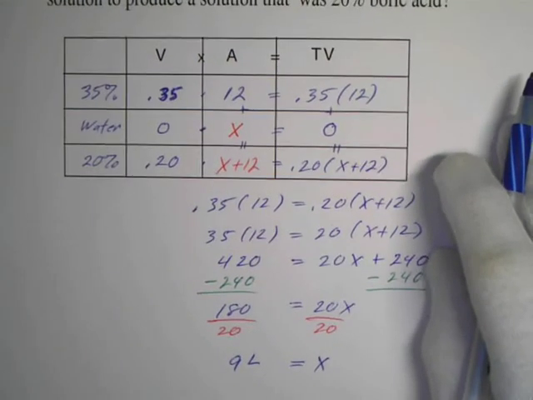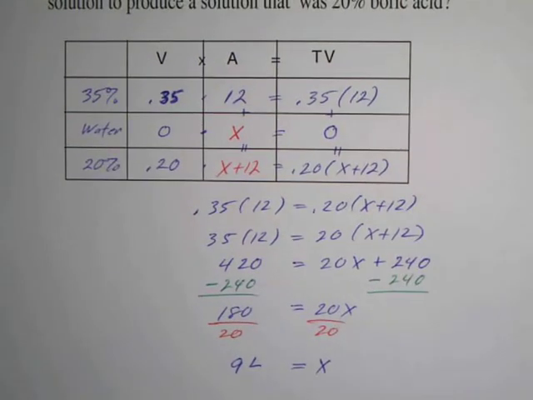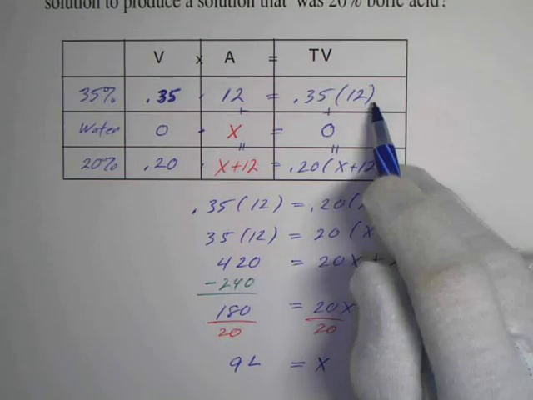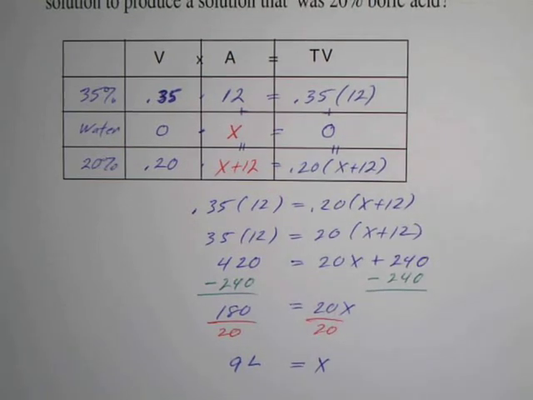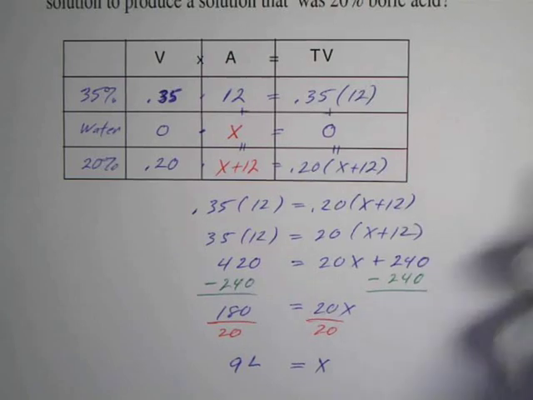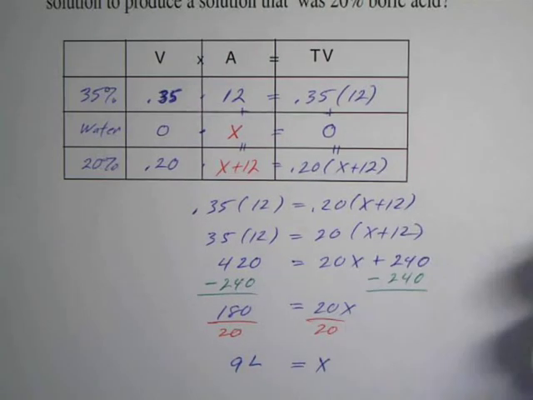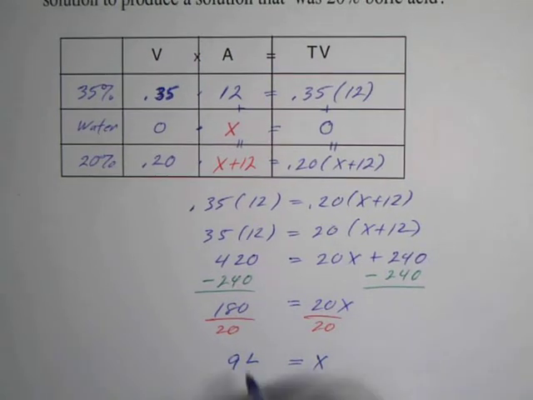So you can check that out if you want to check the problem. This is the amount of boric acid we have. 20% of 21, because we would have X plus 12, so 21. So 20% of 21 would equal that. So it would check out. Okay? Hope that's clear.